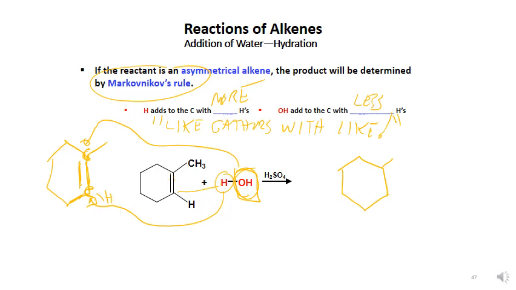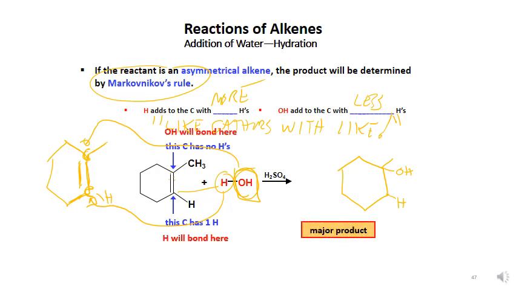I'm not even going to write it because, well, all right, I'll write it. And then the OH goes on the other carbon, right? That's the major product. Since that carbon up there has no hydrogens, the OH adds there. This bottom carbon has one hydrogen, so the H would add there. And that's the major product coming.